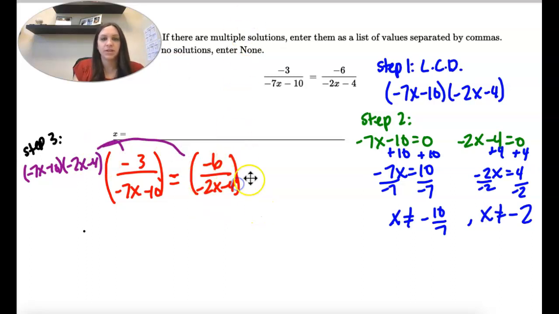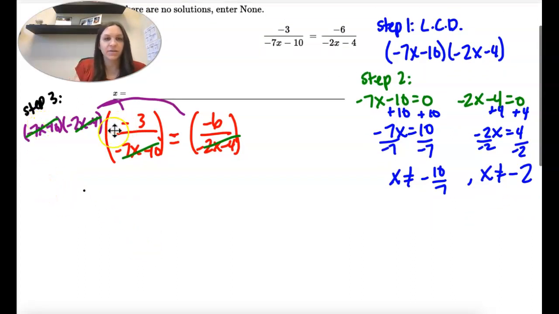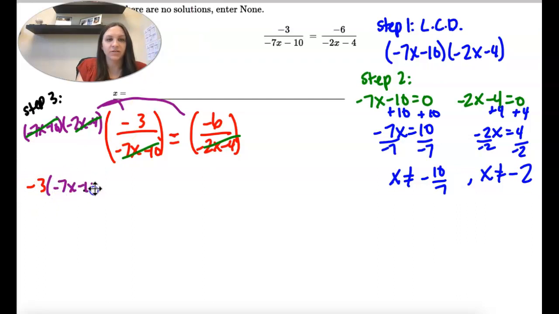Oops, parentheses should go. So what this does is it cancels here and here, but we still would have on both. So I'll write it out. On the top I have negative 3, and then I have both of these factors. And then I still have over the negative 7x minus 10.